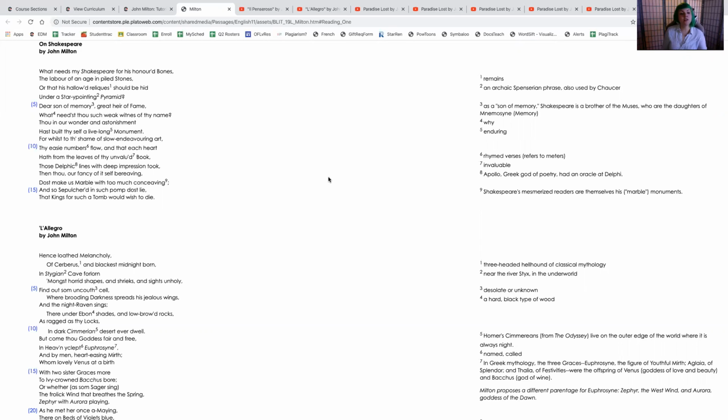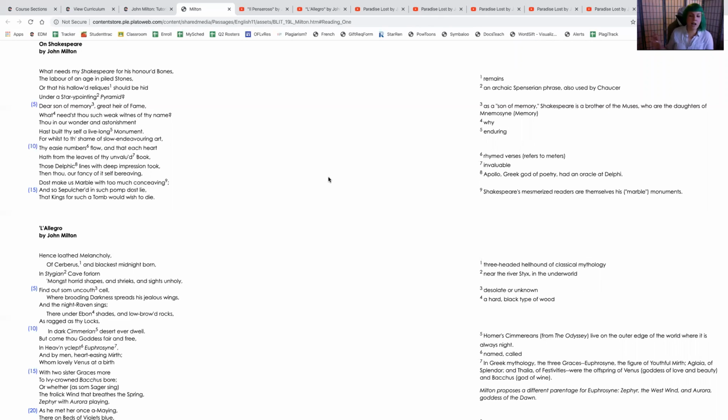For whilst to the shame of slow-endeavoring art, thy easy numbers flow, and that each heart hath from the leaves of thy unvalued book those Delphic lines with deep impression took, then thou our fancy of itself bereaving, dost make us marble with too much conceiving, and so sepulchred in such pomp dost lie, that kings for such a tomb would wish to die.